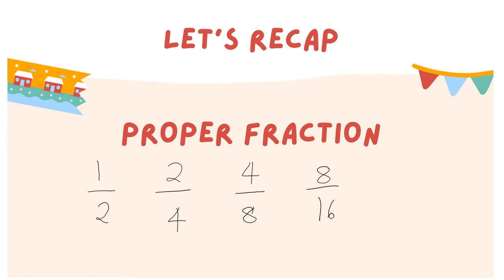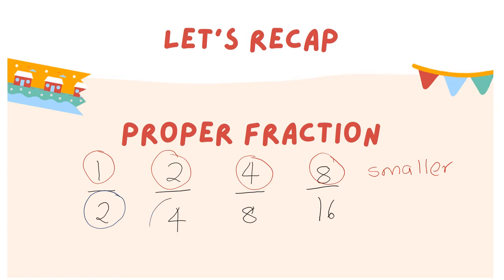What you notice about the similarity between these fractions is that the numbers on the numerator are smaller than the number at the bottom, which is the denominator. So these are what we call proper fractions.